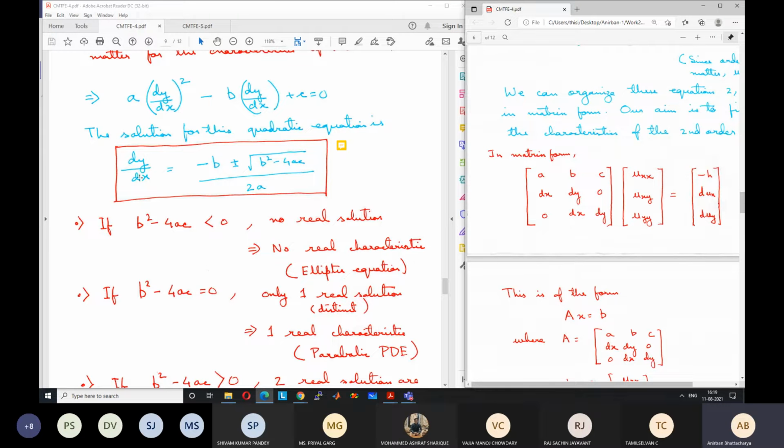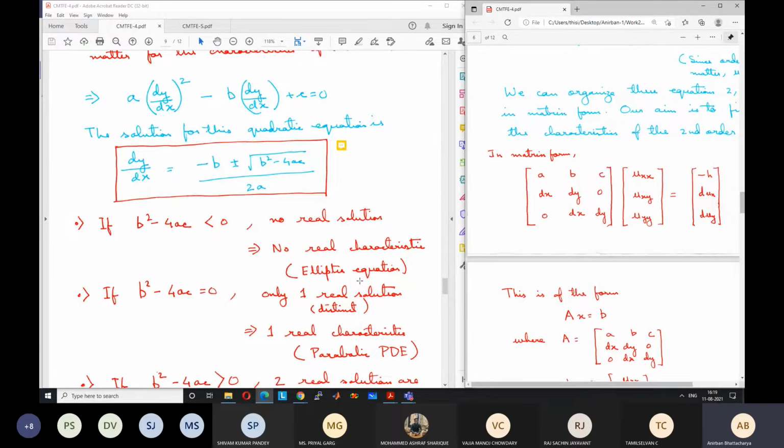Because dy/dx does not have any real solution, there are no points in the domain where this condition is satisfied. So no real solution exists, and there are no characteristic lines in the domain if B square minus 4AC is less than 0.